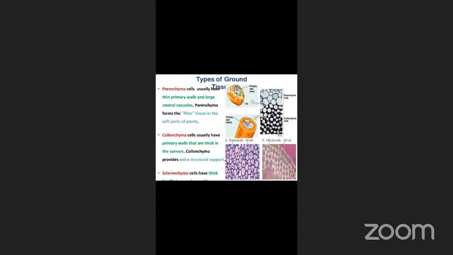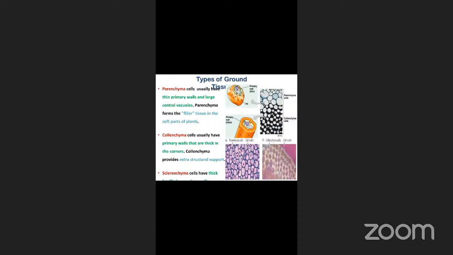Next, aerenchyma is also there. Aerenchyma is also a soft tissue and a simple tissue. Aerenchyma shows large intercellular spaces, and these spaces are filled with air.